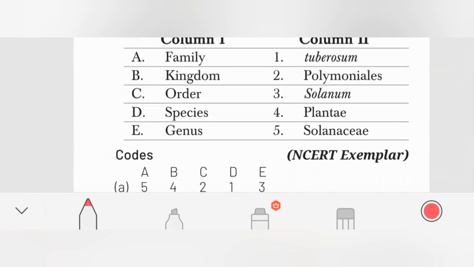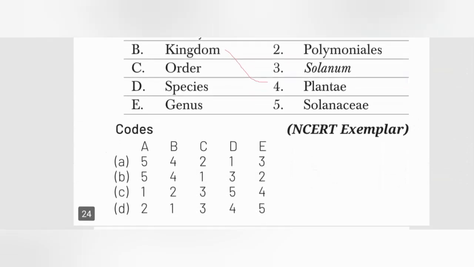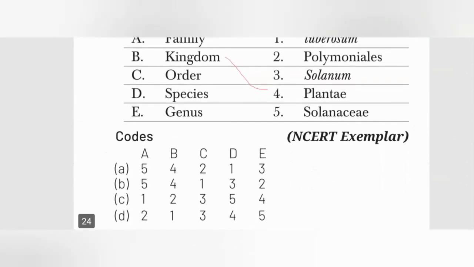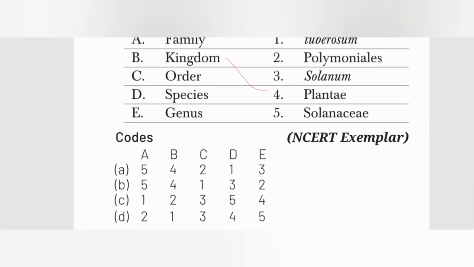So here, as per my rules, you may know that kingdom matches with Plantae. Now as the kingdom matches with Plantae, go to the options and see which option has B as 4. Yes, we can see that these two, A and B, have the same.